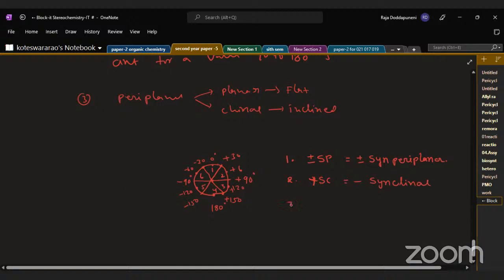The third one is plus AC, plus anticlinal. The fourth one is plus or minus AP, that means plus or minus anti-periplanar.